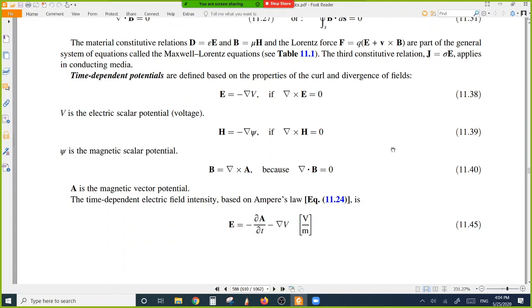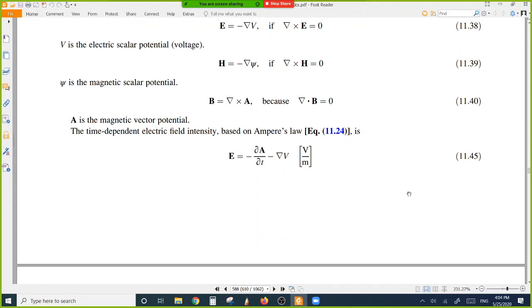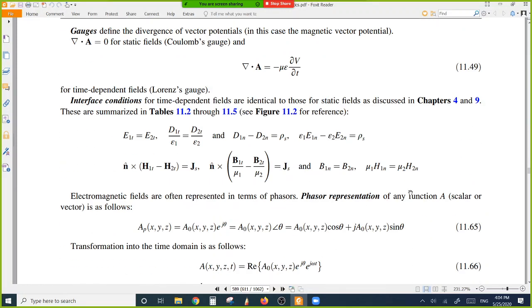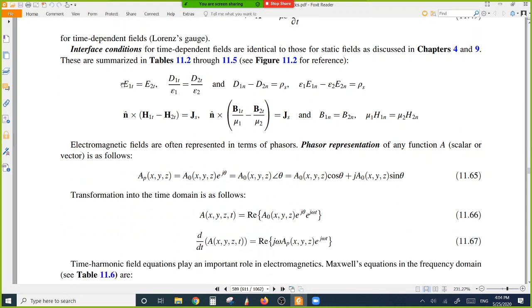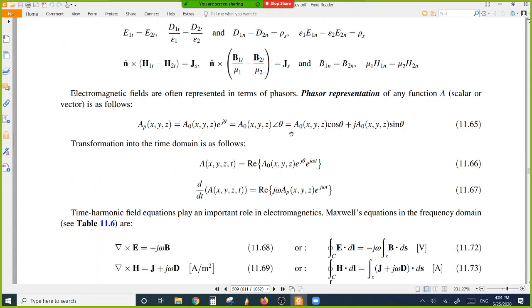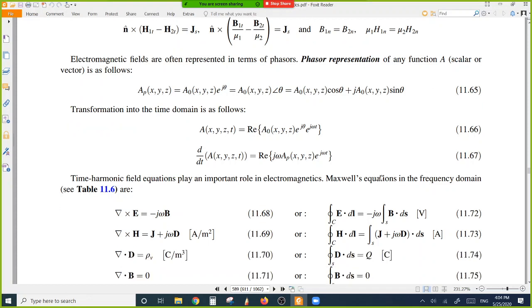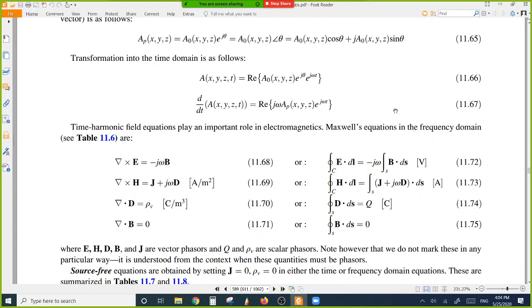And here is the summary of time-dependent potentials, and the summary of interface conditions for electric field and for magnetic fields, and also the summary of a phasor representation of any function, and also phasor representation of our fields, electric field and magnetic field.